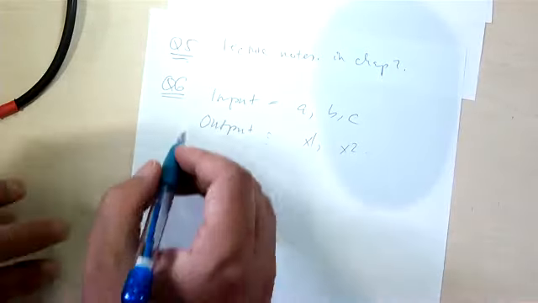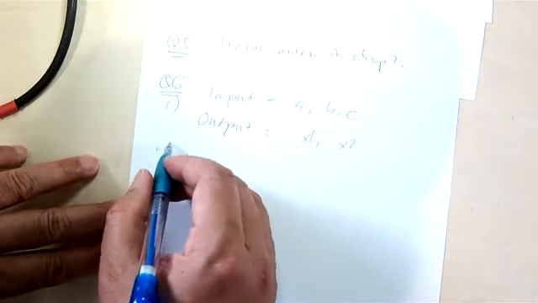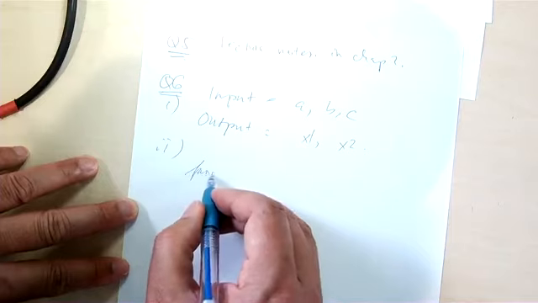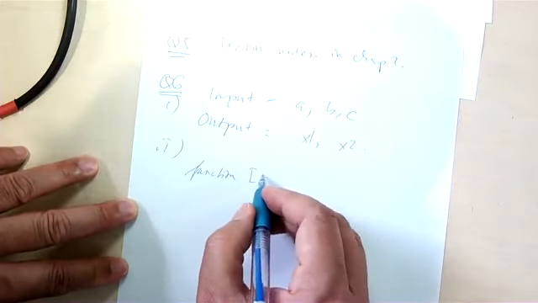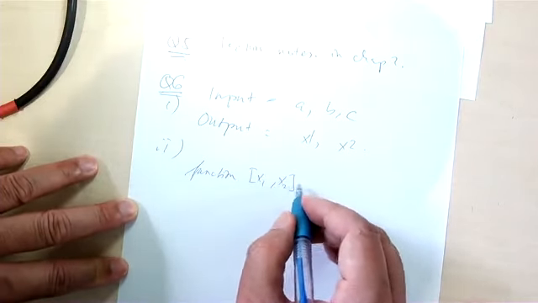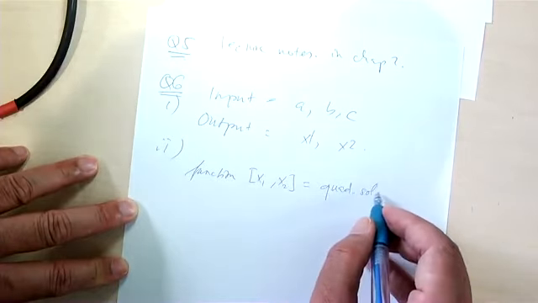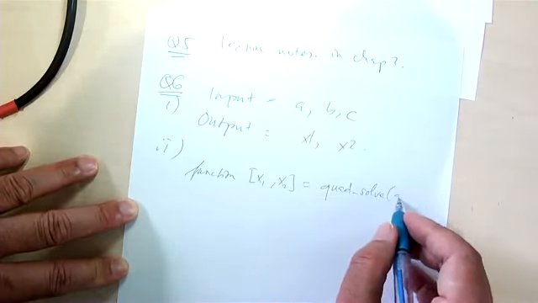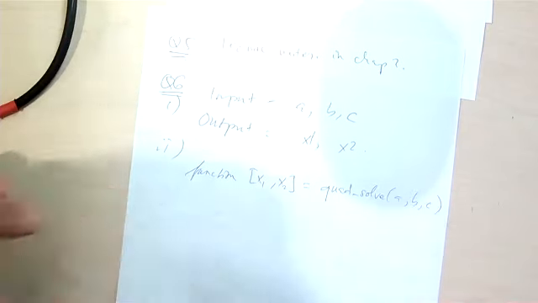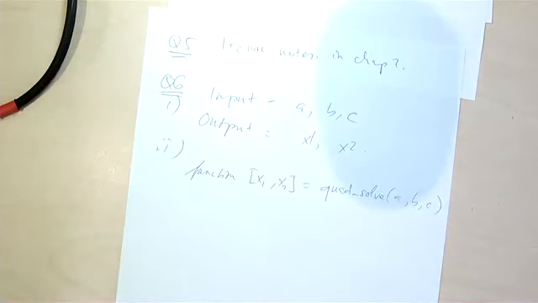And now what is the first line? So the first line is just to write down function x1, x2 equal quadsolve of A, B, C, right? So this is the first line of function quadsolve.